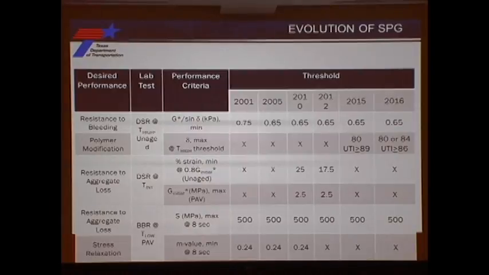And even, you see the last two columns, 2015 and 2016, that's in the last year that we have made revisions to that spec based on the data that we've got from the testing we've done in the field and from the round-robin testing we've done. So we've been revising this thing, refining it, polishing it for all that time to try to make it as good as we can before we get ready to go and try to implement. And that's kind of what this process has been about.